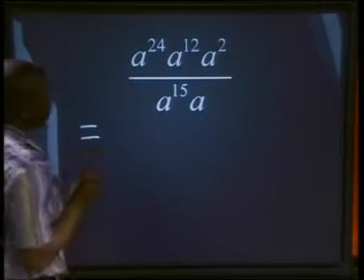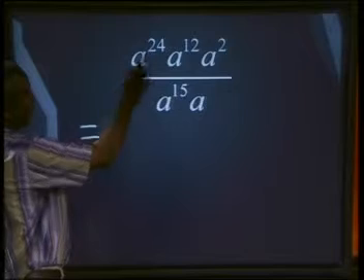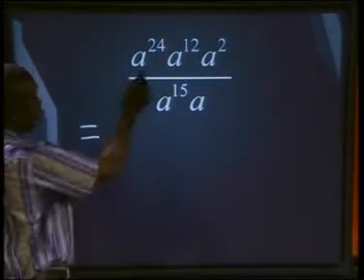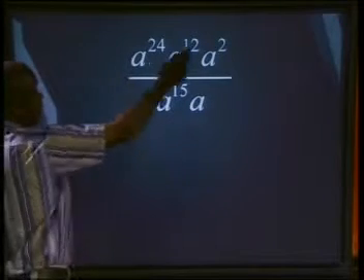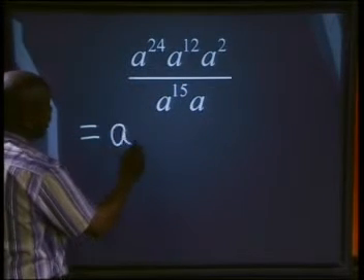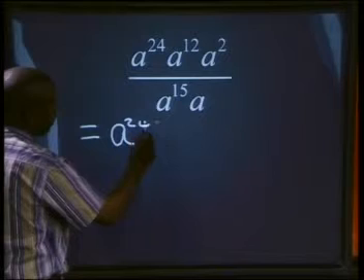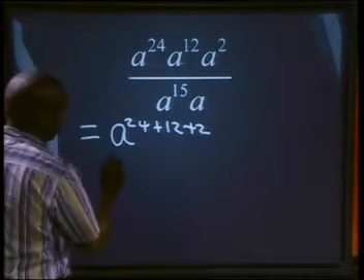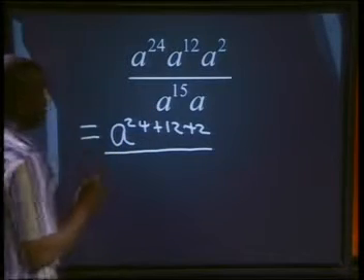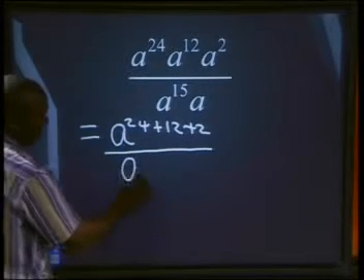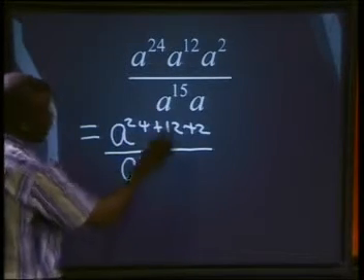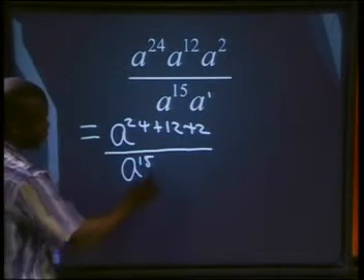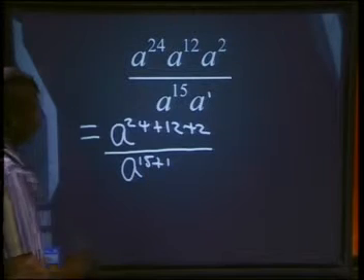We can apply our first law there. a to the power of 24 multiplied by a to the power of 12 times a to the power of 2. First law says if you're multiplying, we can add the exponents. Therefore, we'll have a to the power of 24 plus 12 plus 2. We'll do the same thing at the bottom. It will be a to the power of 15. If it's only a, that will be the same as a to the power of 1. So we add plus 1 there.